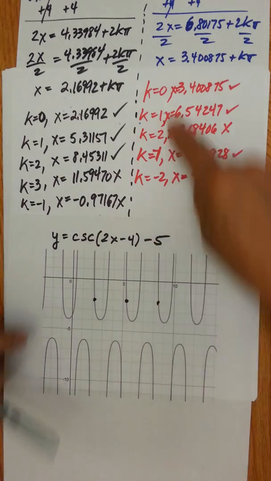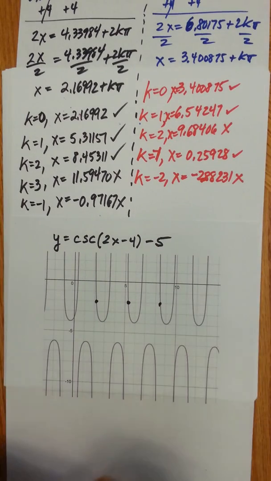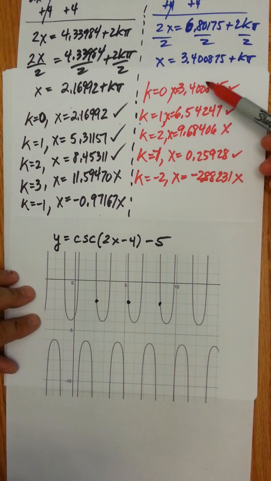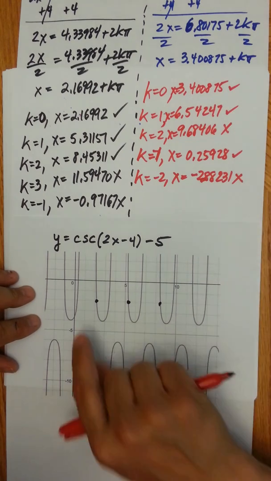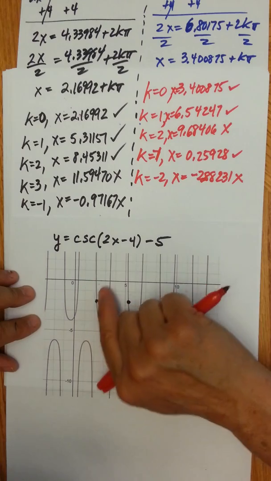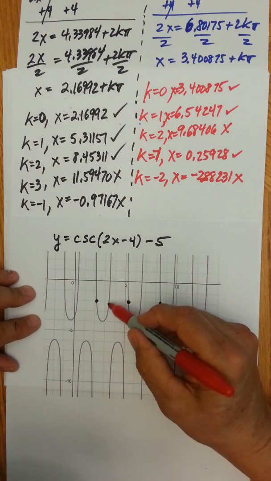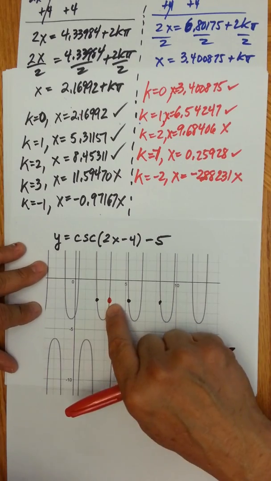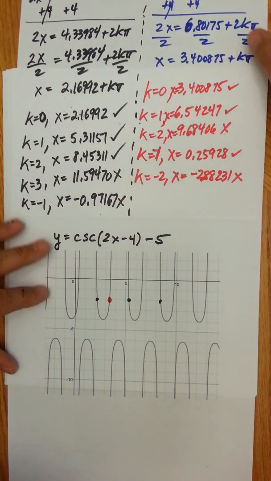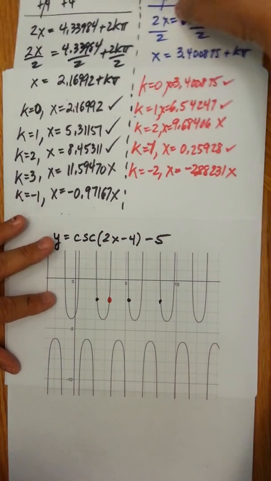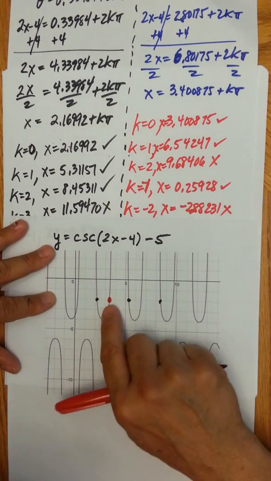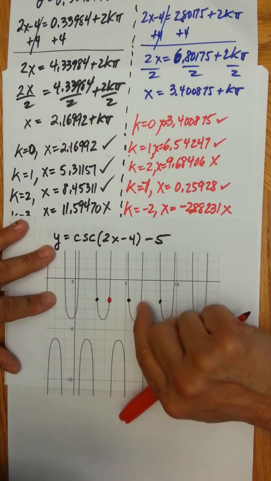And then on the right-hand side, for k equals 0, we got 3.4 something. So we're here at 1, 2, 3, picking up this one. K equals 0 picked up that solution. For k equals 1, you added 1 more pi, so you'd be at 1, 2, 3.